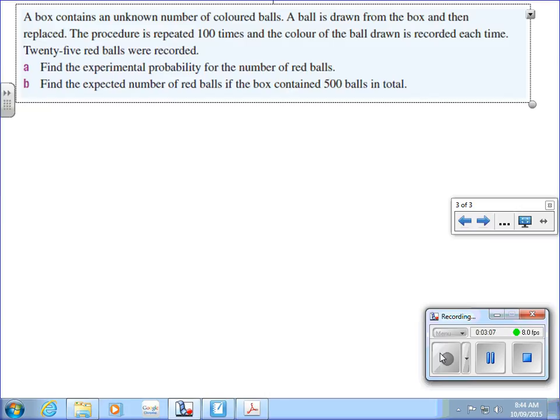And for the second part in this question, find the expected number of red balls if we had 500 in total. So our probability of red was 25%, or 0.25.